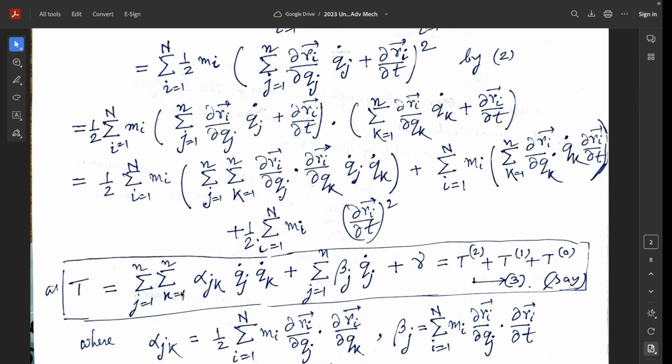The first expression is called T2, the second expression is called T1, and the last, third expression is called T0.